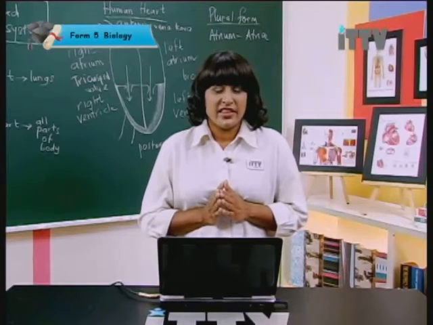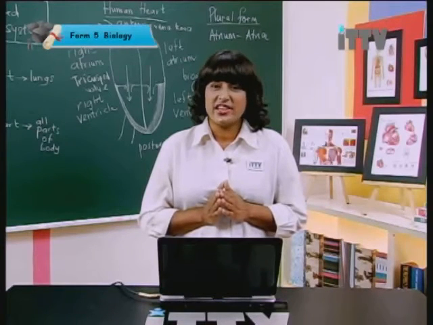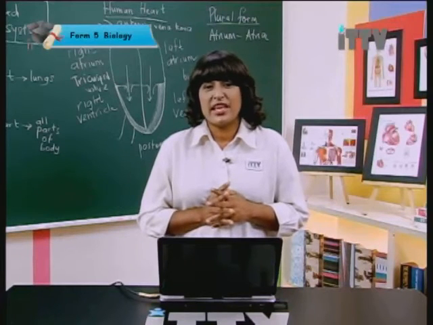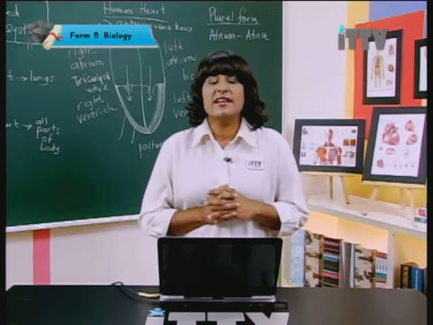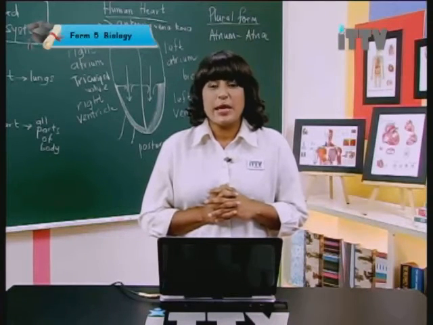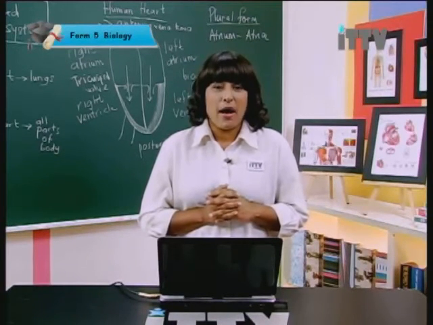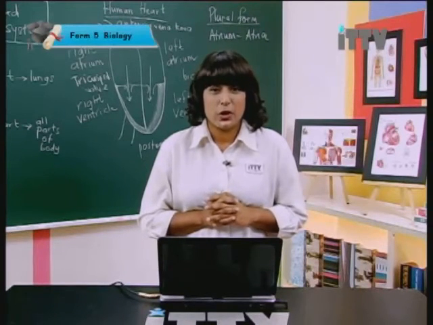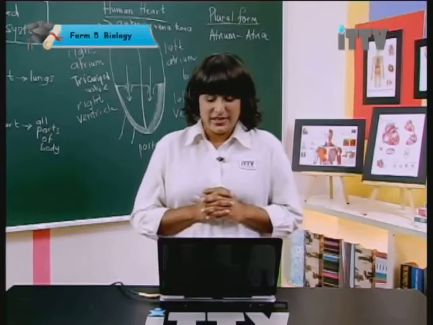And there is another node which is between the right atrium and the right ventricle. Both these nodes play a very important role in initiating the impulse that is generated and passed throughout the muscles, enabling the muscle to contract. Now let us take a look at that.